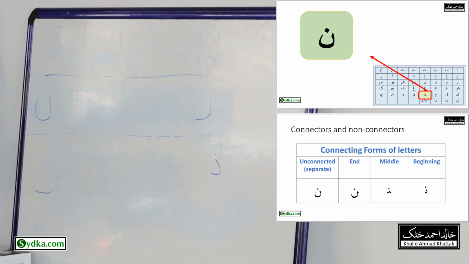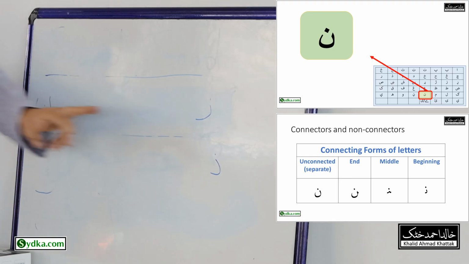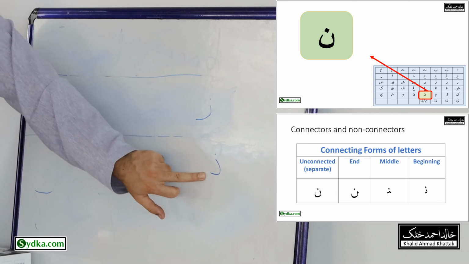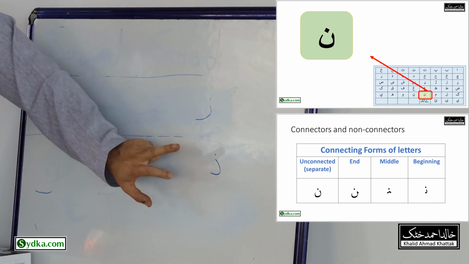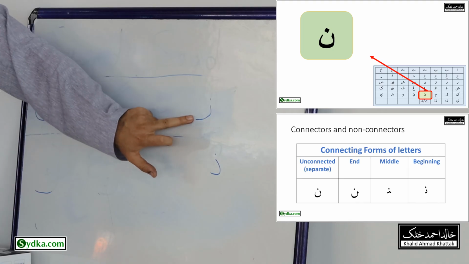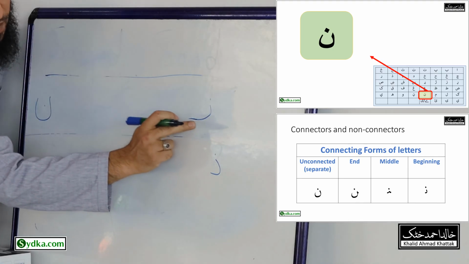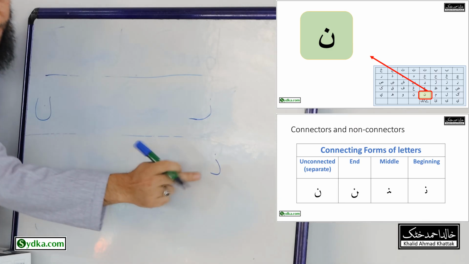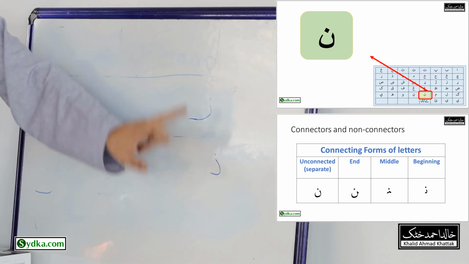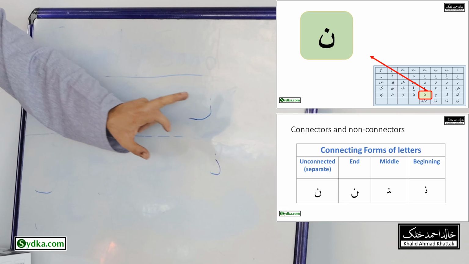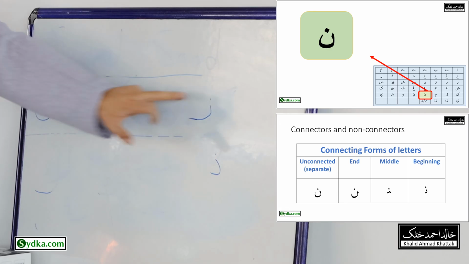But the difference with noon and dal or zal is that this is a non-connector and this is a connector. So you can't have it in the beginning of a word with an extended line like this because you can't connect anything after it. So that's the difference between these two. You will see this one and people get confused and pronounce it as zal. That's wrong.